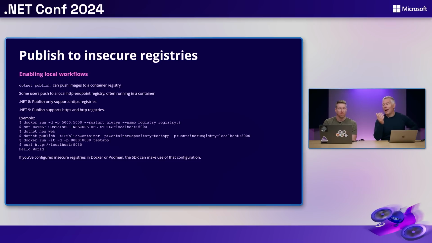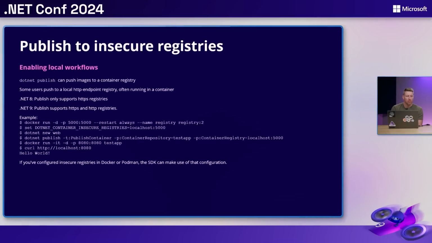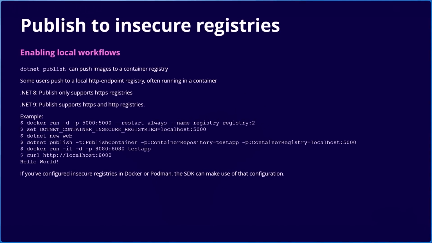And it is actually a container registry. So you can literally just run these commands. I docker run, -d means detached, so it's just running as a daemon. And then I set this environment variable. You can see that it's matching the port number that I specified in docker run.